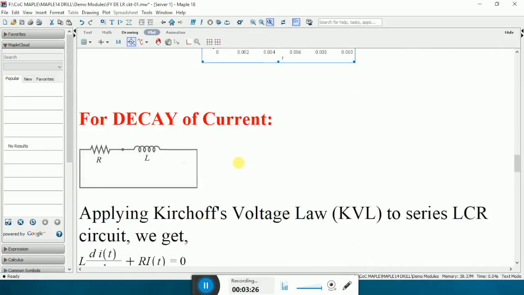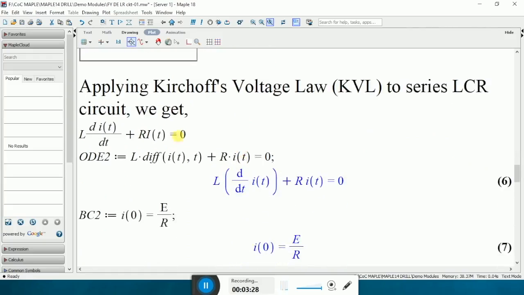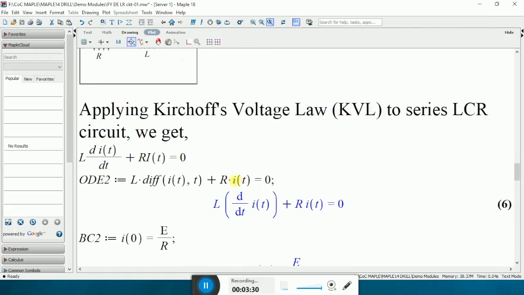Now for decay we have this quantity 0, and in ODE2 we are defining L into diff of I of t plus R into I of t equal to 0.